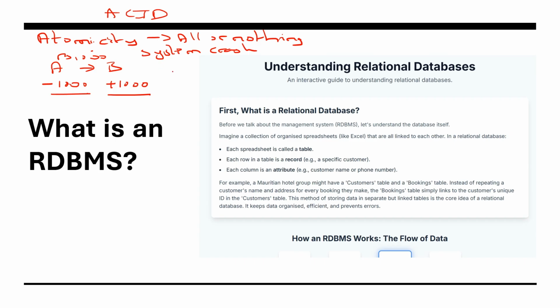Either it concludes the transaction by completing it, removing 1,000 here and adding 1,000 there, or if there was a system crash in between, just at the moment of the transaction, then atomicity ensures that none of it is done.